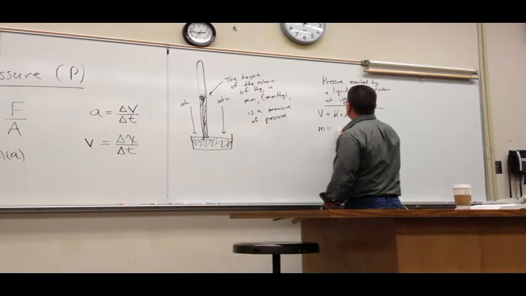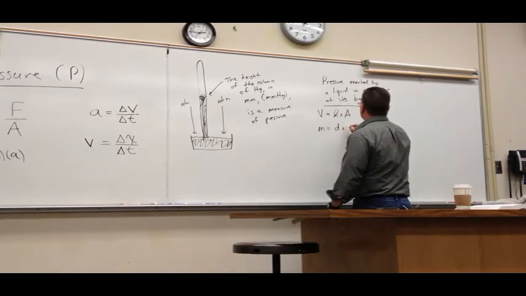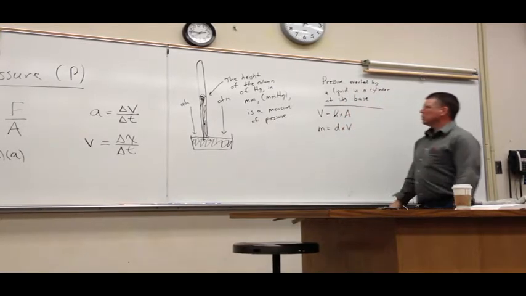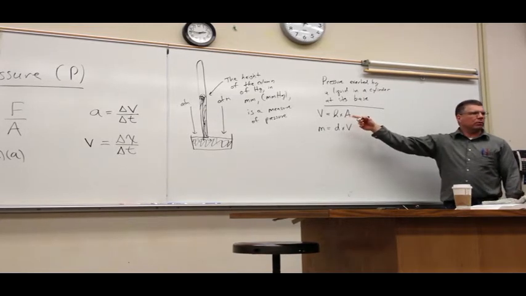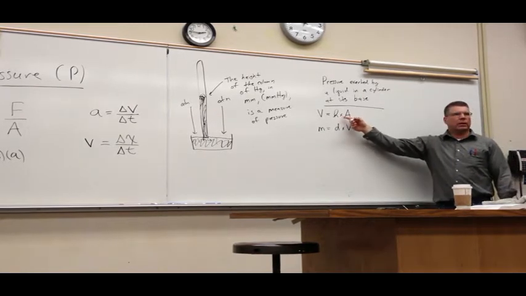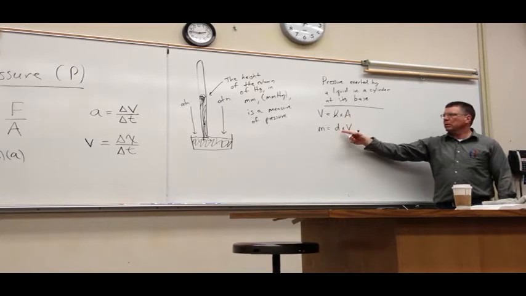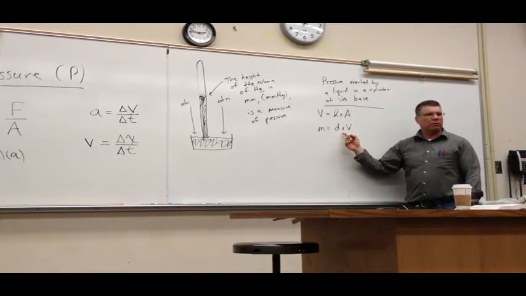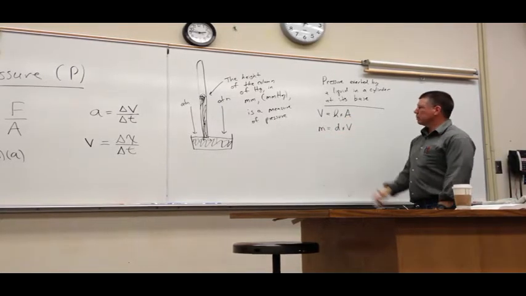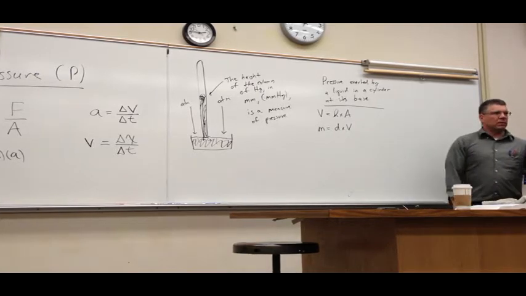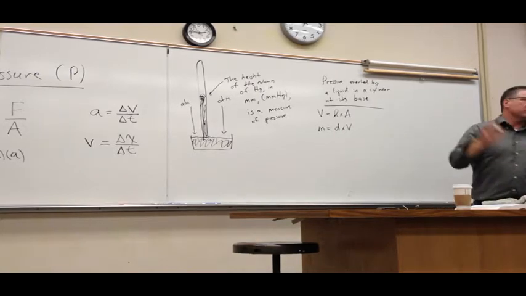Mass. Is it obvious what these symbols mean? H is height, A is area, V is volume. The mass is the density times the volume, right? Density is mass over volume, times volume is mass, right?